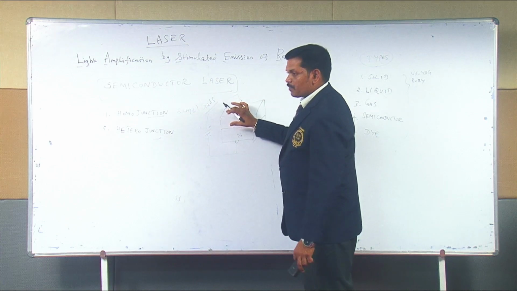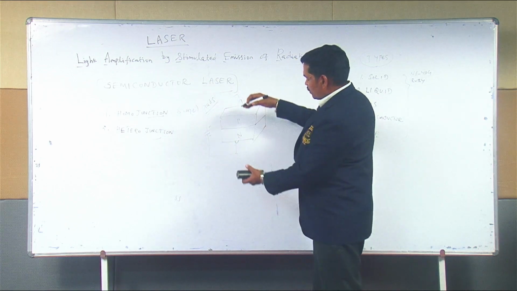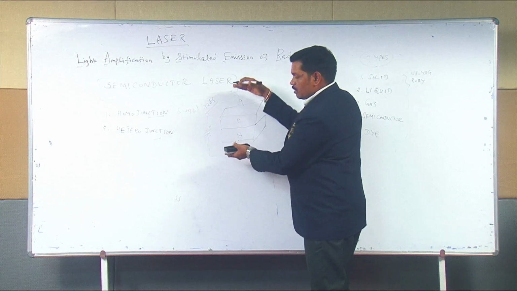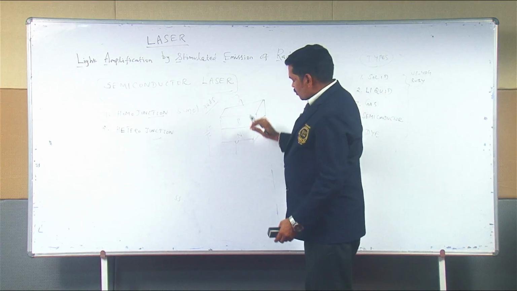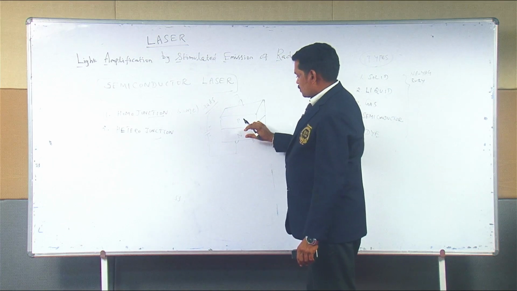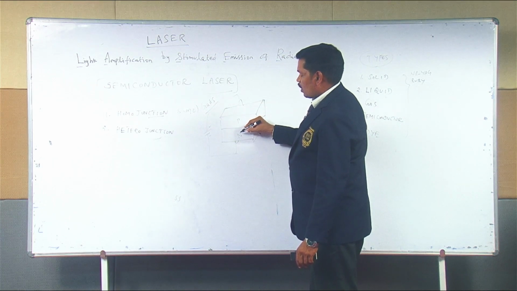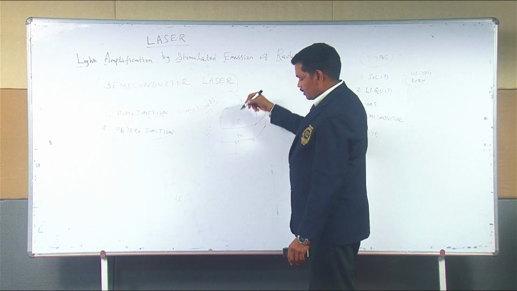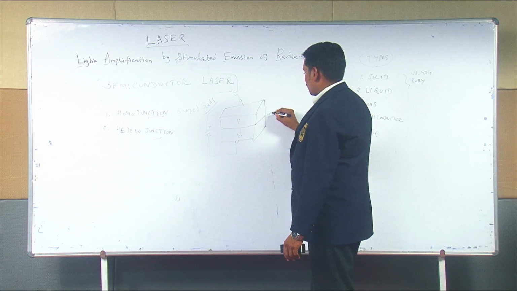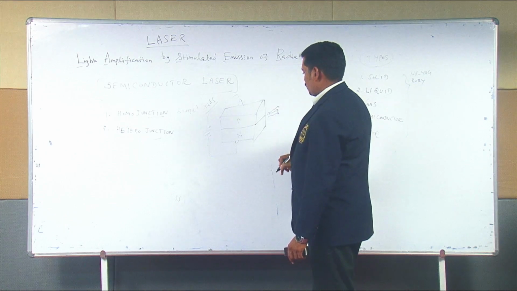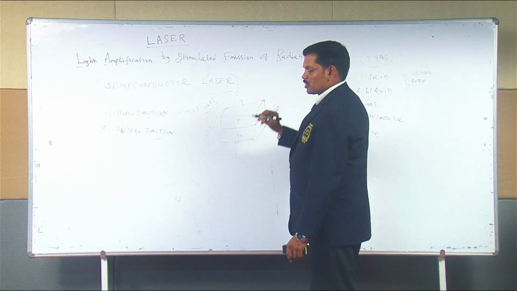When forward bias takes place, the depletion region becomes very narrow. During that process, the electrons occupy the holes and combine together, and it gives some extra energy as output. So this is how the homojunction laser works.